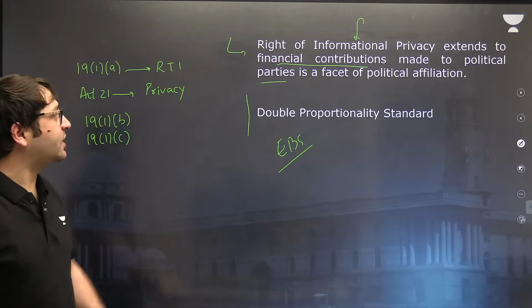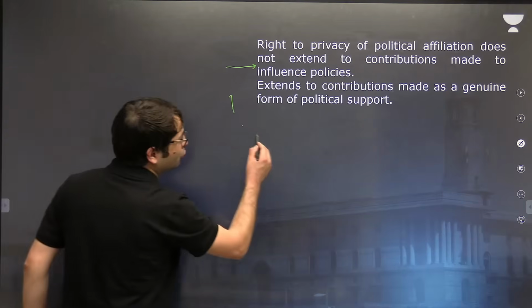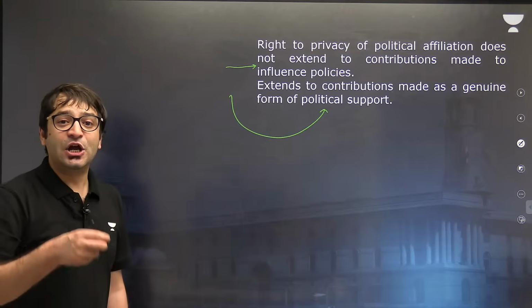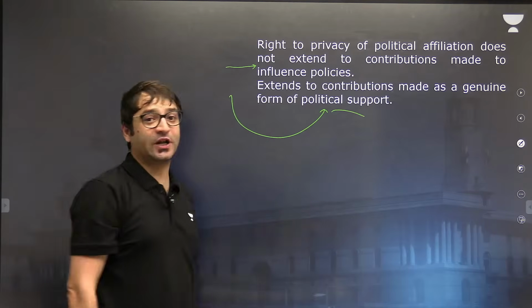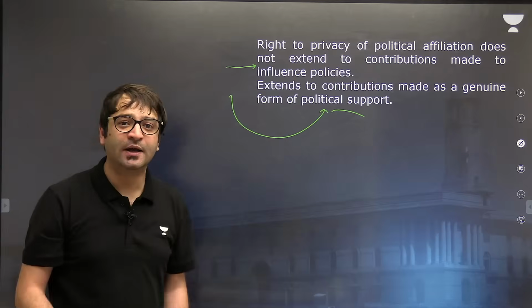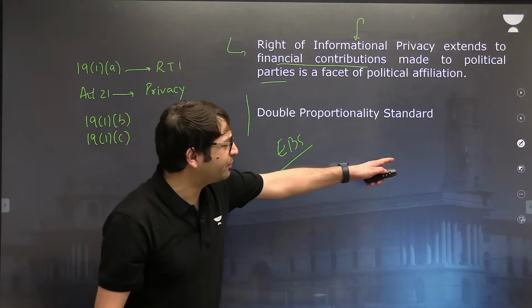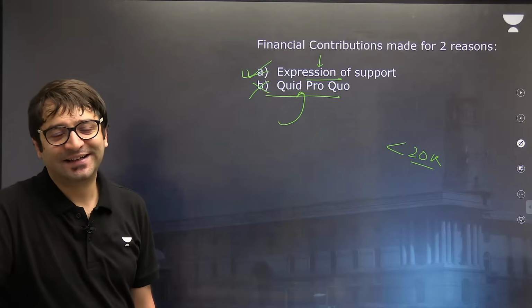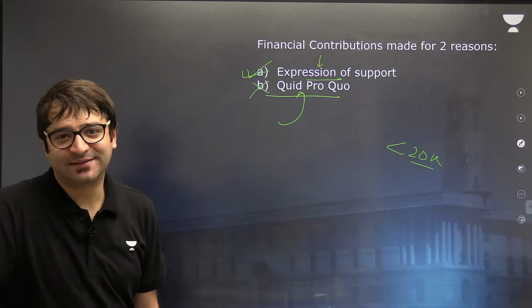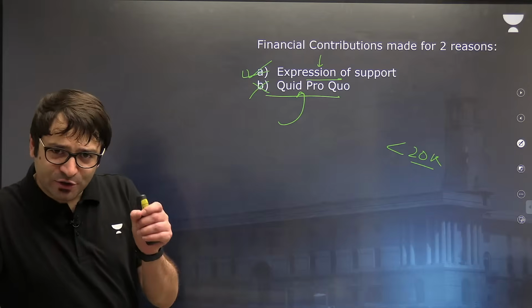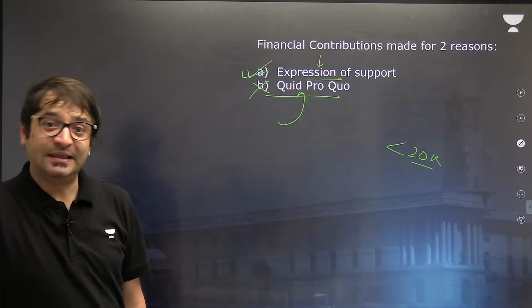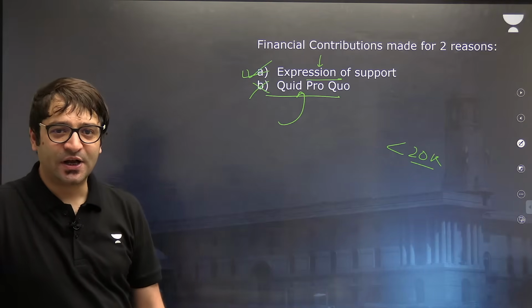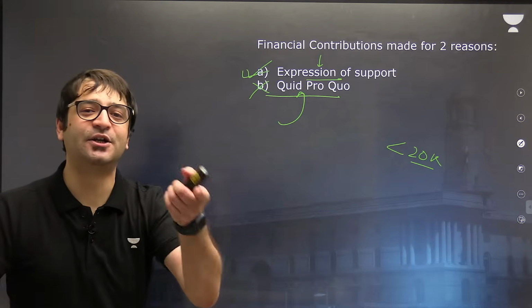This right of privacy extends to contributions made as a genuine form of political support. If it is genuine form of political support, which we can say is contribution less than 20,000, that will be protected. And that in any case is protected. Because any contribution to a political party, less than 20,000, you don't have to disclose the identity of that donor.